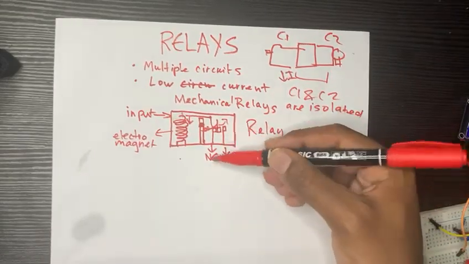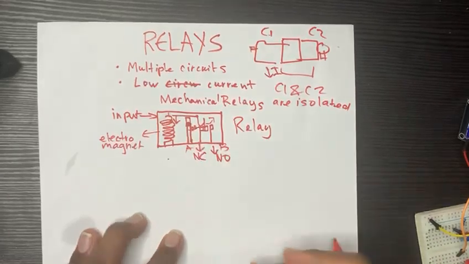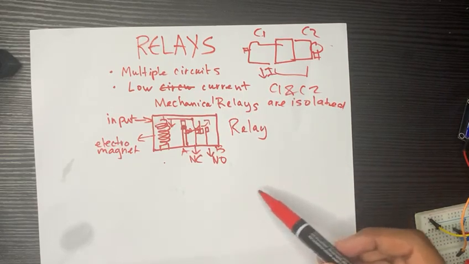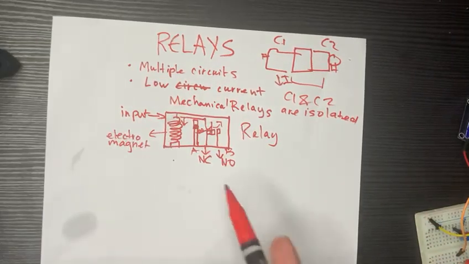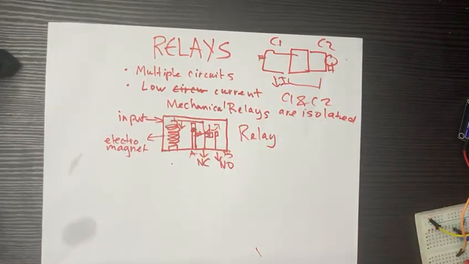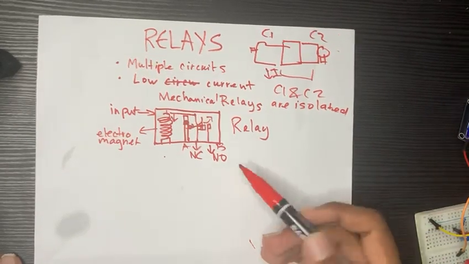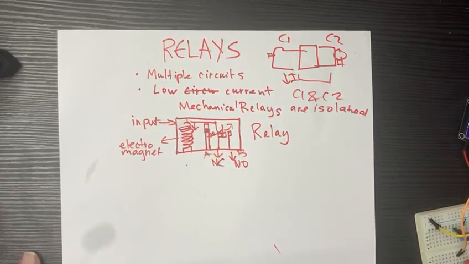And now the normally closed, let's name this A and B. So now A is not going to be in contact, but B is going to be in contact. That's why it's called normally closed and normally open, because when you don't provide an input signal, normally A is going to be in contact and B is not going to be in contact. So that's why it's normally closed. And normally open, similarly, it's the same thing. And so this is how relays work inside.